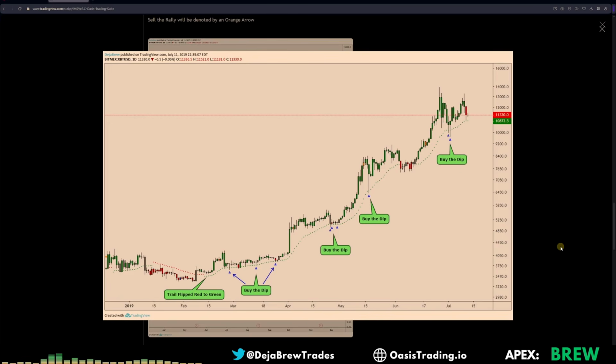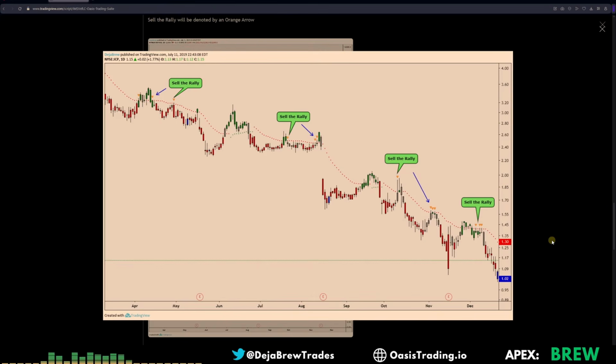If I'm getting a bunch of different buy signals firing off, then this is just a bonus. It's seasoning, right? Just a little extra on top. It helps. So when these come in, it just helps you say, okay, maybe the buyers are strong here. They're sweeping that trail. You are holding that uptrend. And then for the orange ones, you are holding that downtrend. Maybe the sellers are strong here.